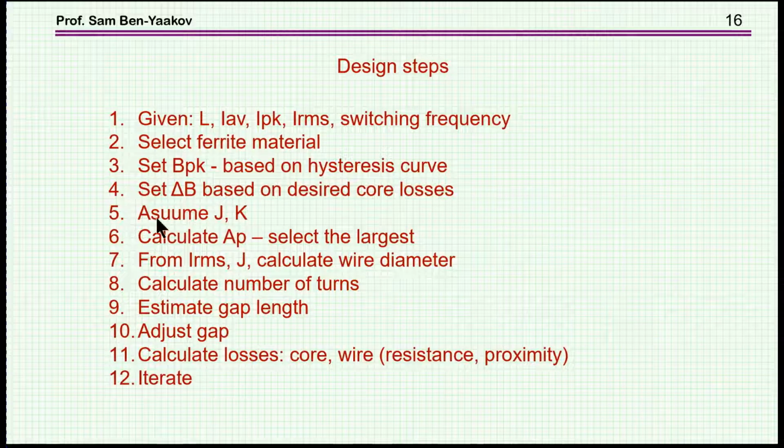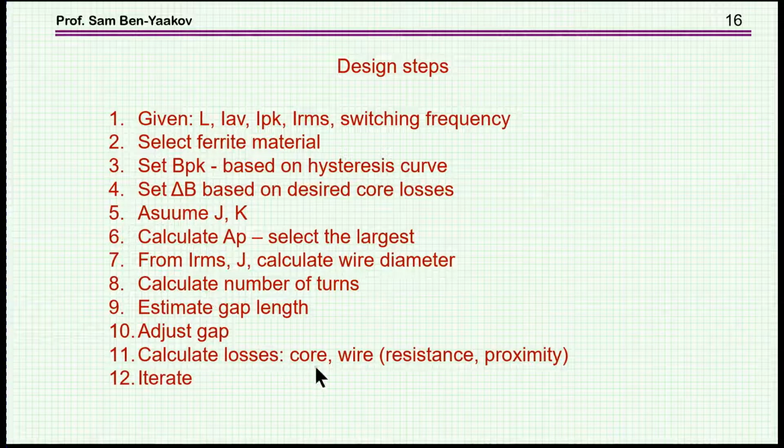We assume J and K. We calculate AP, select the largest one, and then from I RMS and J we calculate the wire diameter, and then calculate the number of turns, estimate the gap length, and if required, adjust the gap length by measurement, by experiment, to get the required inductance.